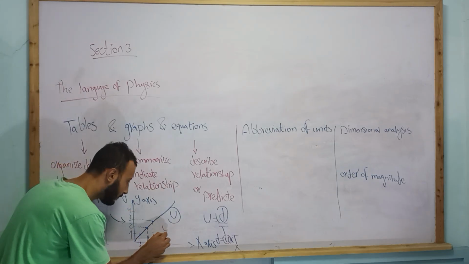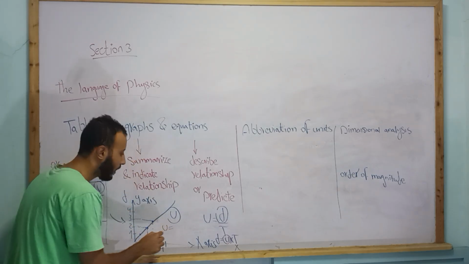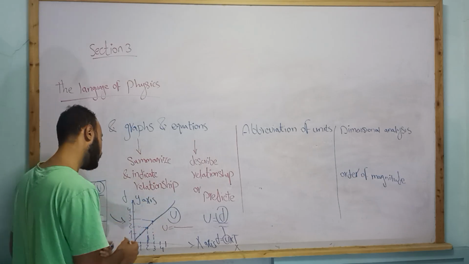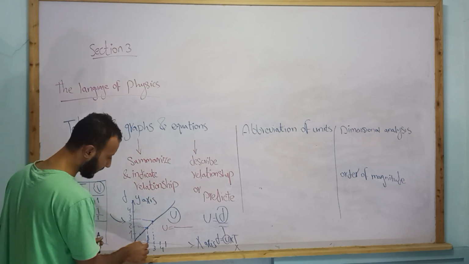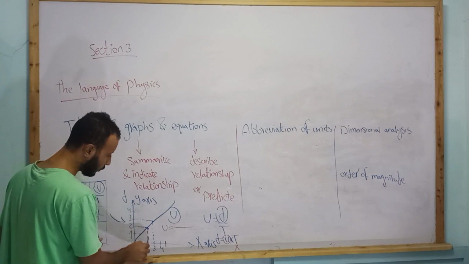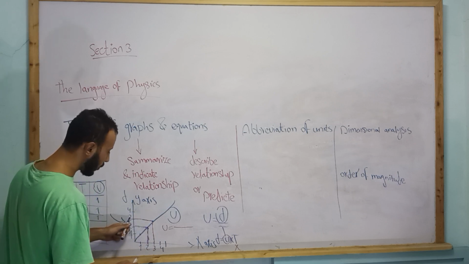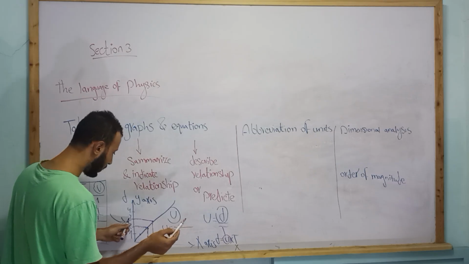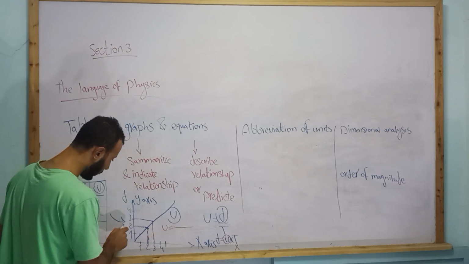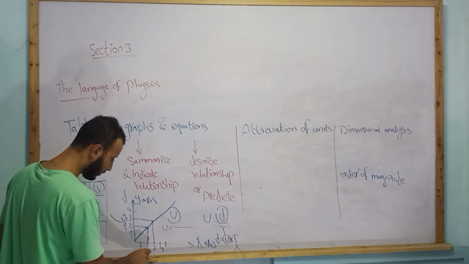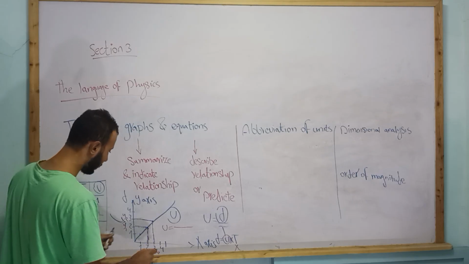How can you get the slope? You know that the slope is equal to y2 minus y1 divided by x2 minus x1. Let's take these two points: this is y1, this is y2, this is x1, and this is x2.